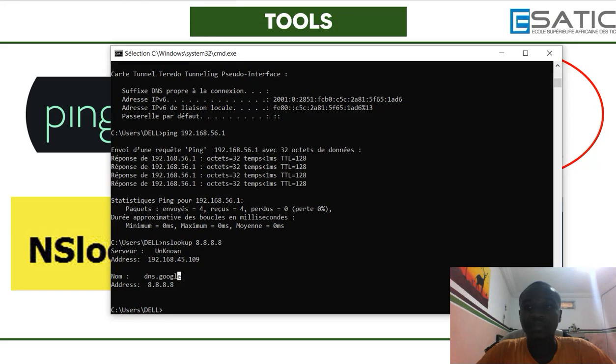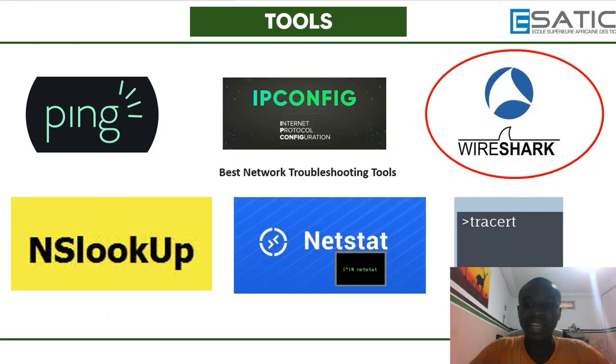Then after that, we have the netstat command, which helps us to see all the protocols that are in use in the network and who is using this protocol. So if we have, for example, an attack in a system, this will help us to know which ports the attacker is using in the network, and what is the service which is running behind.